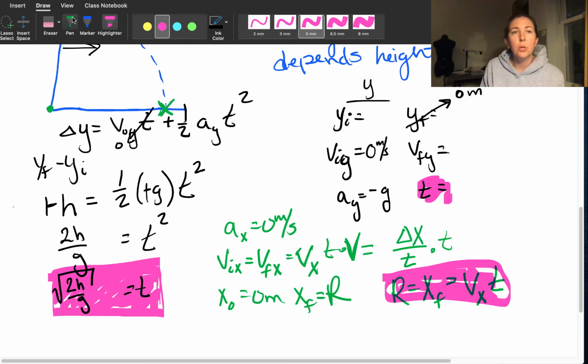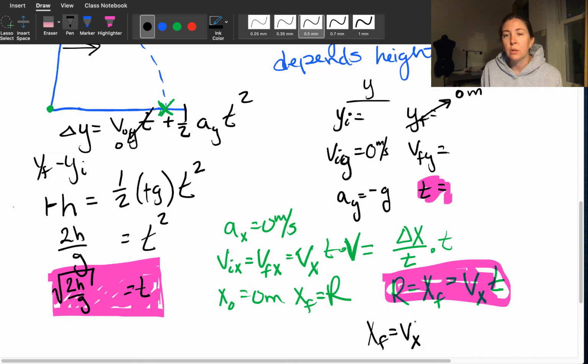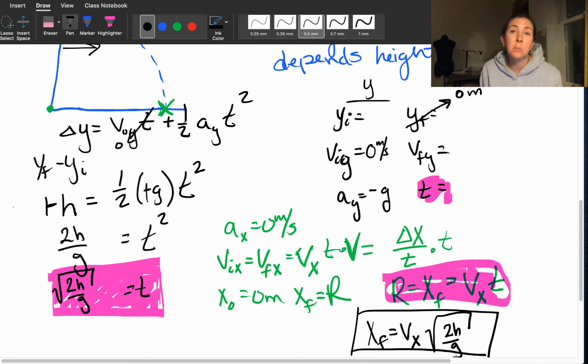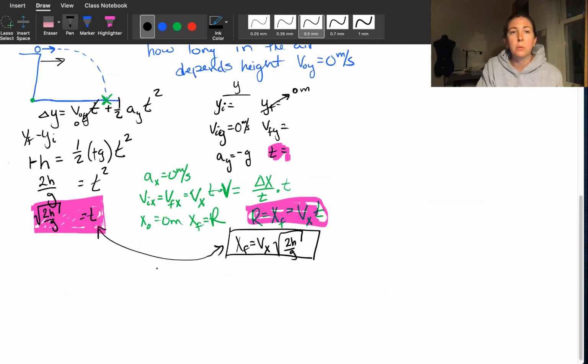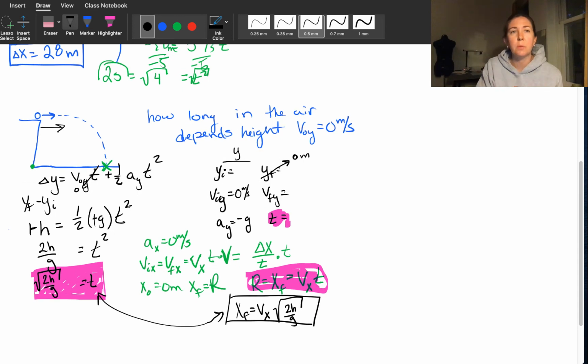You could say that the final position in the x direction, or the range, is the velocity in the x direction multiplied by the square root of 2h over g. If you're an equation memorizer, you can memorize this, but I wouldn't memorize it because it's pretty quick to just derive it. So these two equations are basically all you need to solve this type 1 problem, where you're just shooting something off of a cliff.